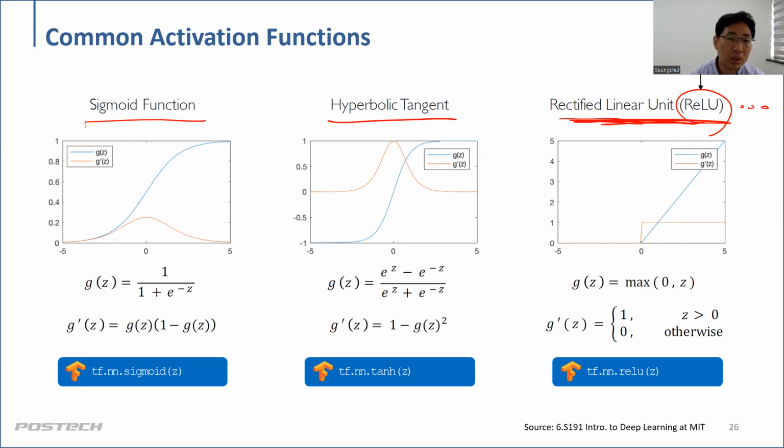And if you study more, there's some pro and cons of sigmoid functions, and there's pro and cons for hyperbolic tangent, and there's another pro and cons for ReLUs. So if you have a right understanding of each nonlinear activation function, you can decide which activation functions you're gonna use for your networks and your problems or your applications. Totally fine. But that's kind of something in detail, so I'm not gonna go into that details in this lecture, so I'm gonna skip them. But there are many different types of activation functions.